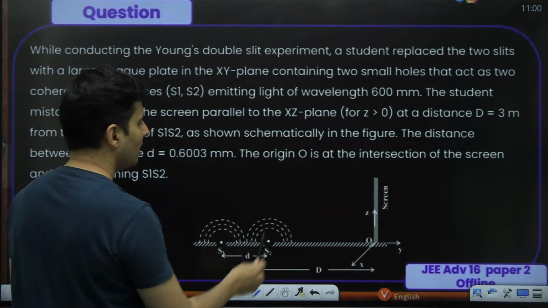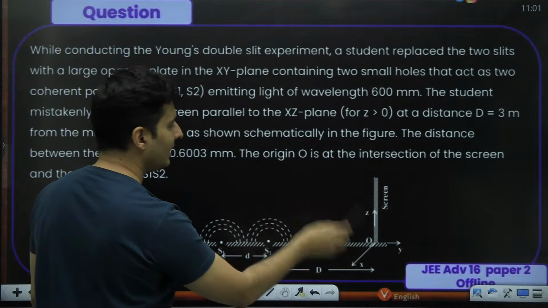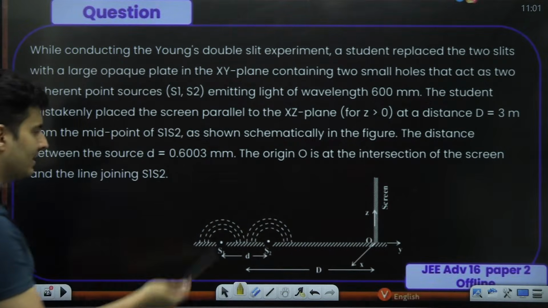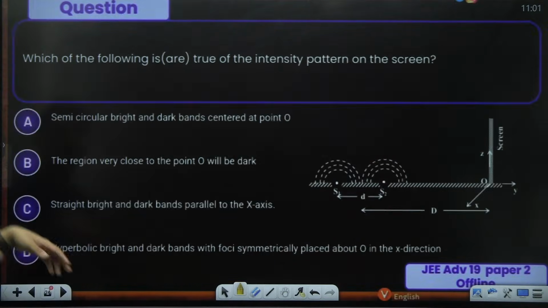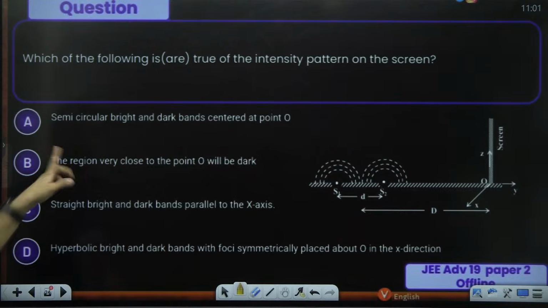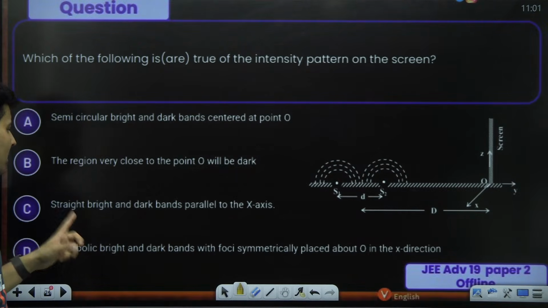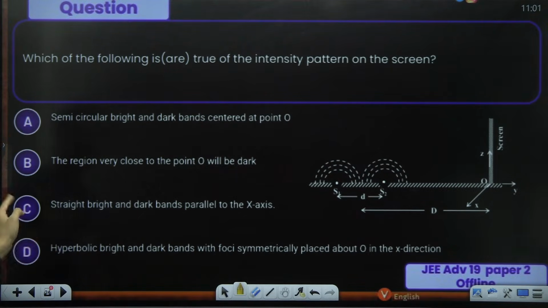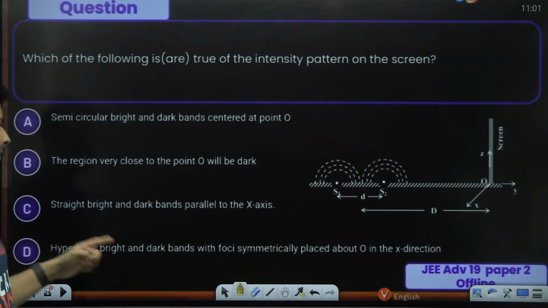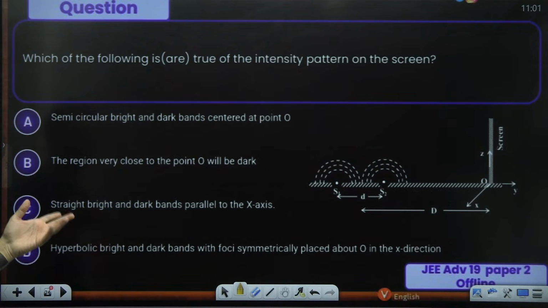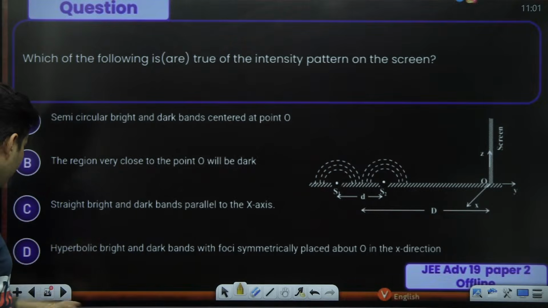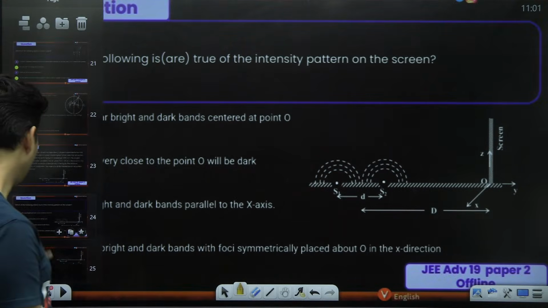The origin O is at the intersection of all the axes. The question is, which of the following is true regarding the intensity? Semicircular bright and dark bands centered at O. The region very close to point O will be dark. Straight bright and dark bands parallel to the x-axis. Hyperbolic bright and dark bands with foci symmetrically placed about O in the x direction. Okay, do I have just the diagram?